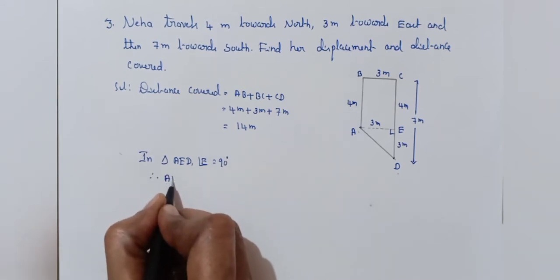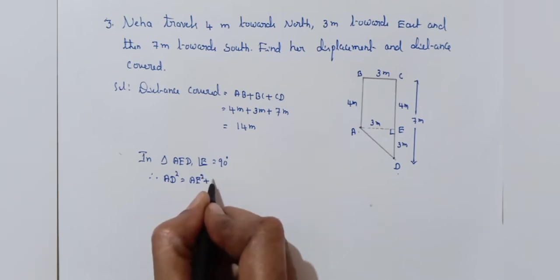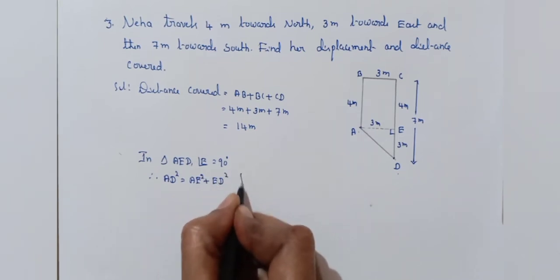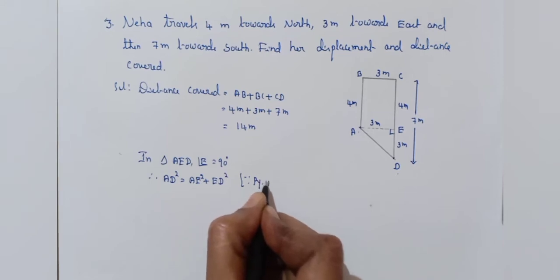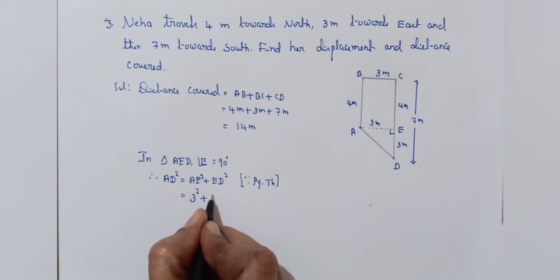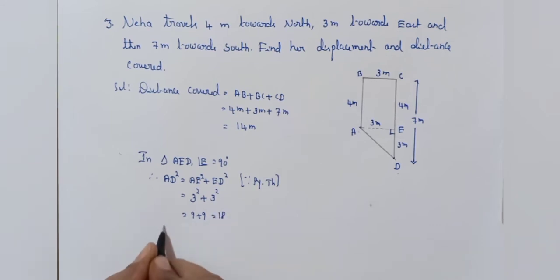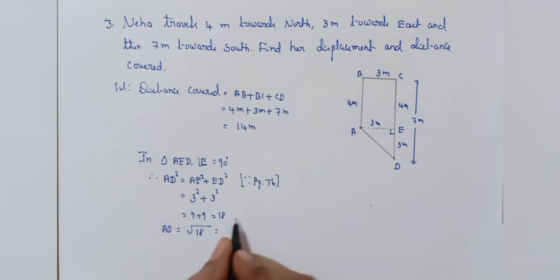Therefore, AD square is equal to AE square plus ED square by Pythagoras theorem. AE is 3 square, ED is also 3. 3 square is 9 plus 9, that is 18. So AD is equal to square root of 18. We can write it as 9 2s are 18. The square root of 9 is 3 root 2 centimeter.